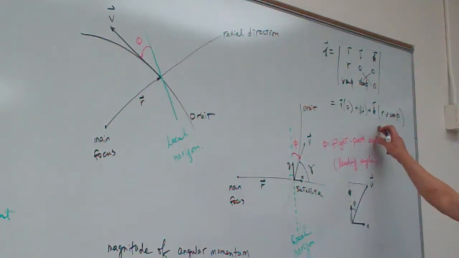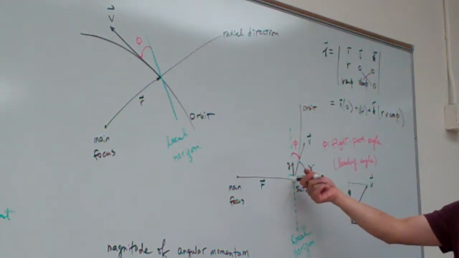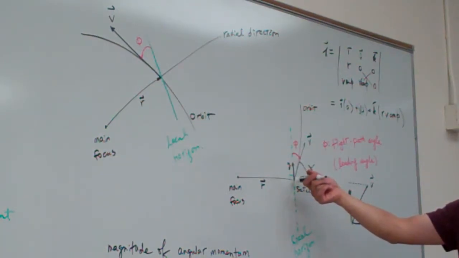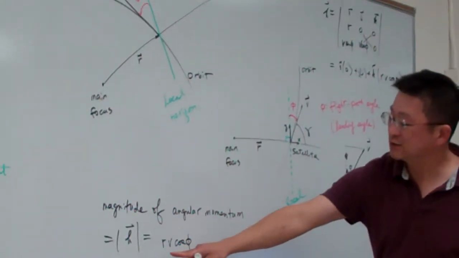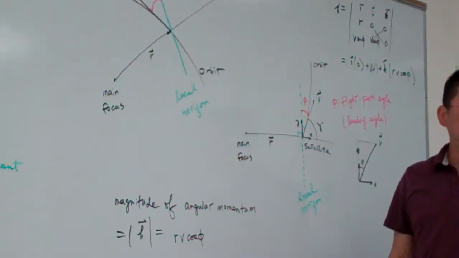You can see the direction of h is out of plane, which means normal to the orbital plane, and the magnitude is given by this. So that is the calculation.